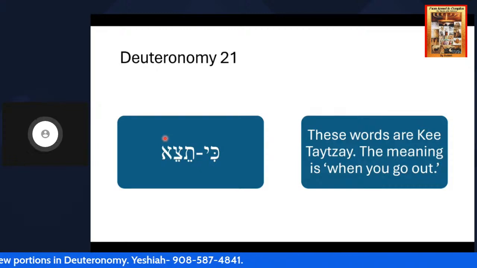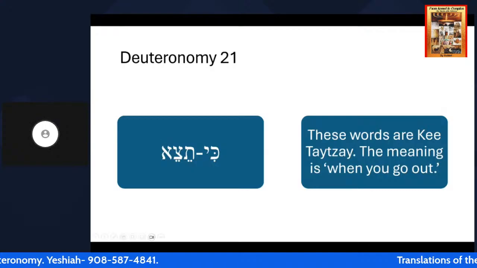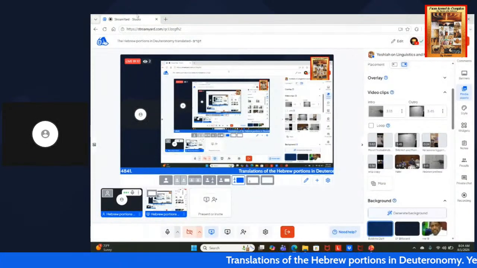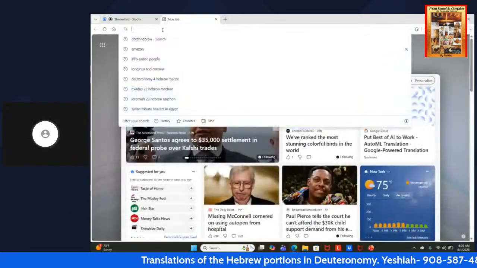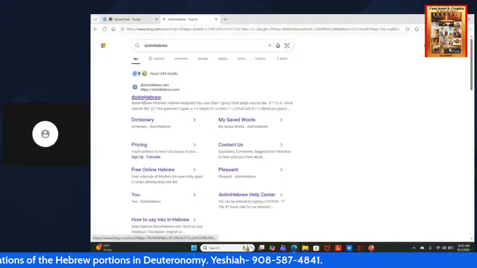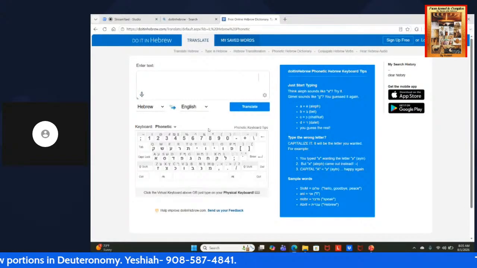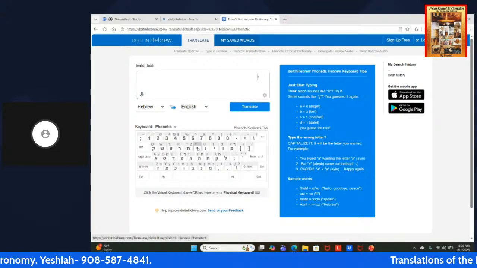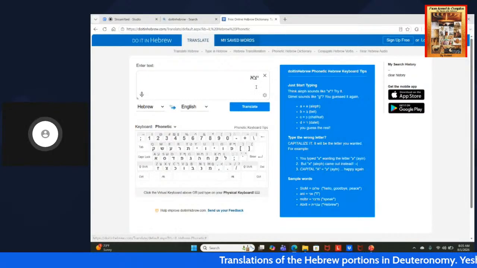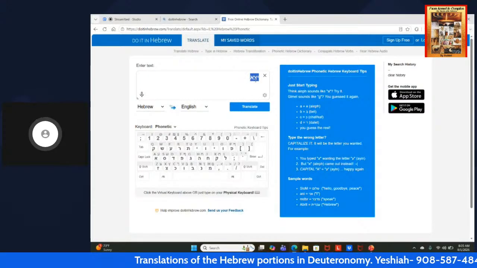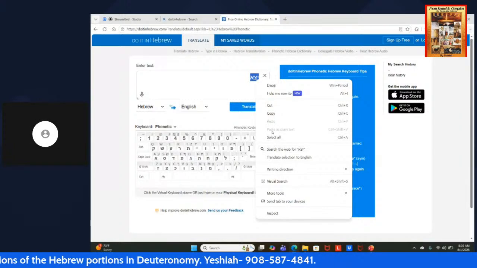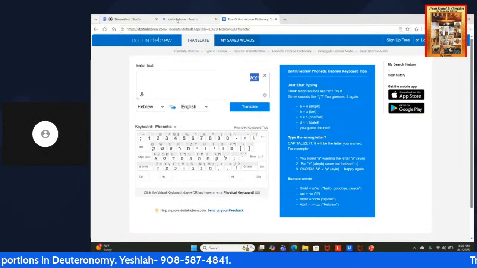Now, let me expound on linguistically what I am talking about, if we will. Right? We have, for instance, the letters yod, zadeh, and aleph.